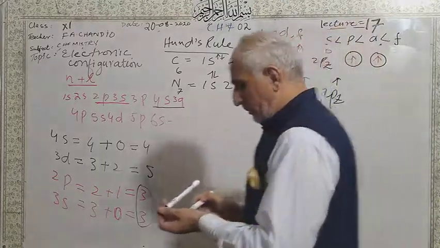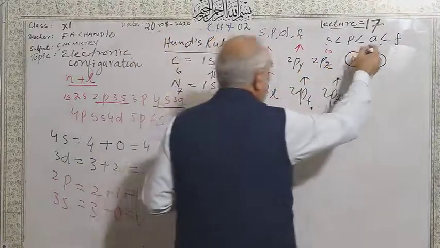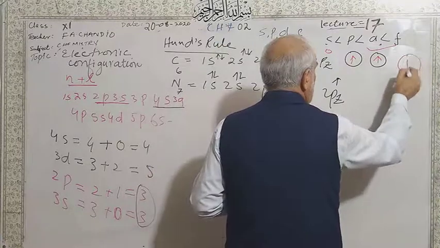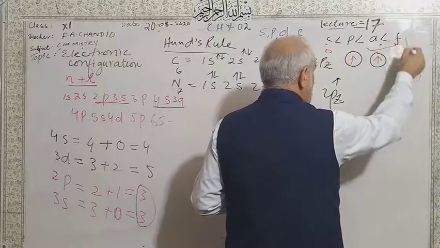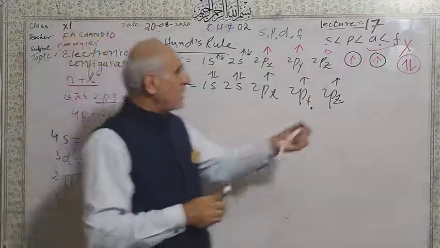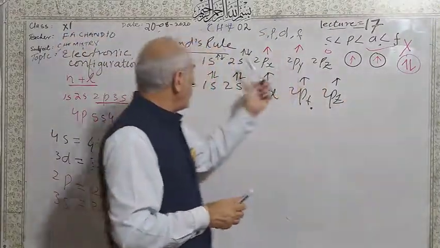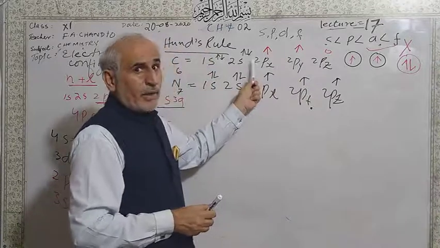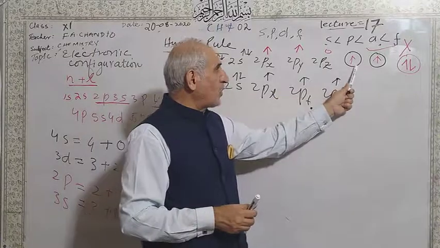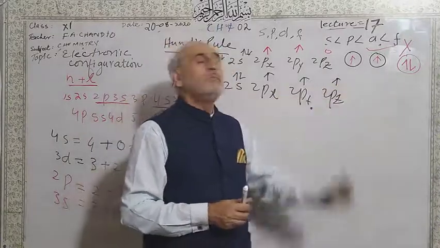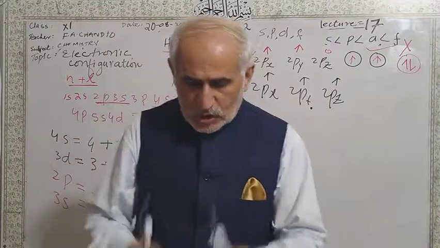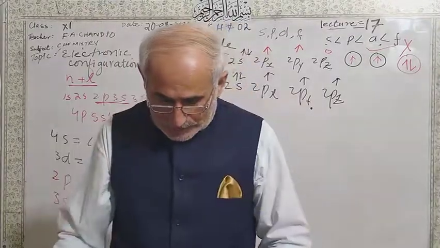This is correct. This is wrong, cross, for carbon. Only for carbon. And this is correct for carbon. Correct and wrong. This is Hund's rule, students.